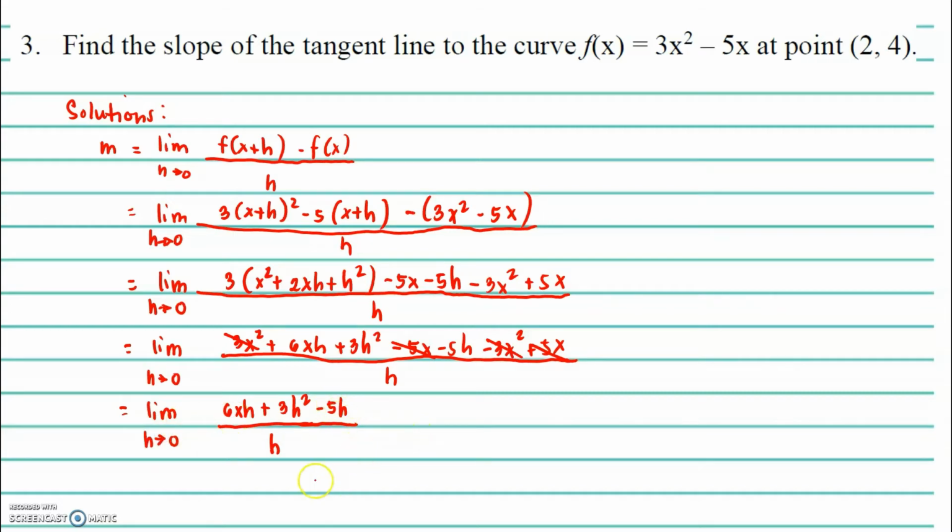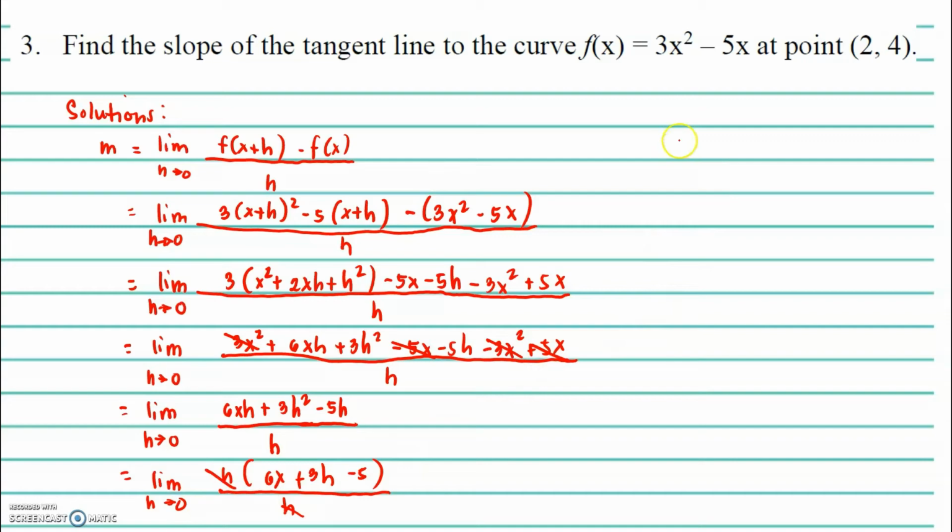Right? Now factor out h in the numerator so we can divide it out. So we have the limit of h times (6x plus 3h minus 5) over h as h approaches 0. Divide out h.